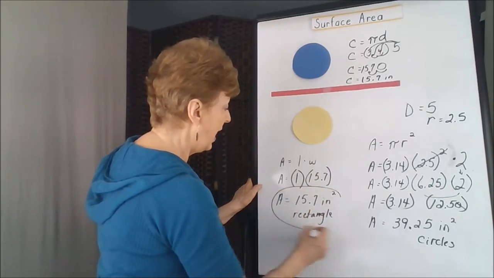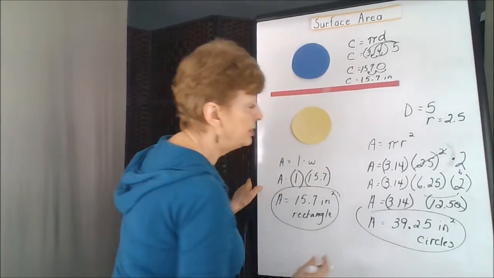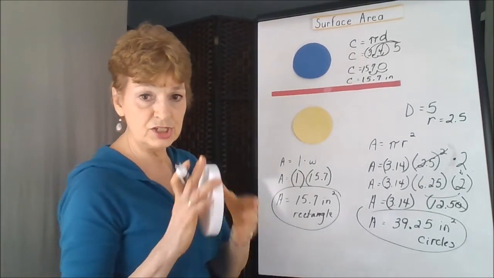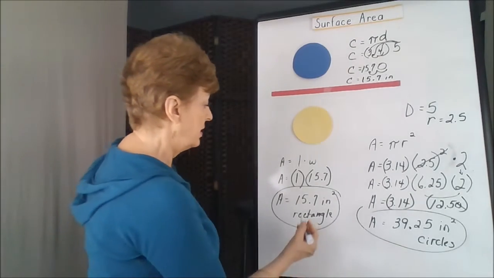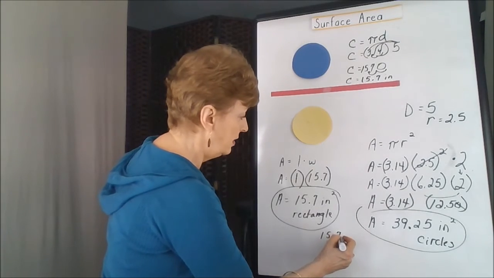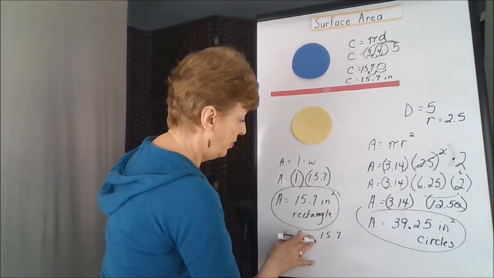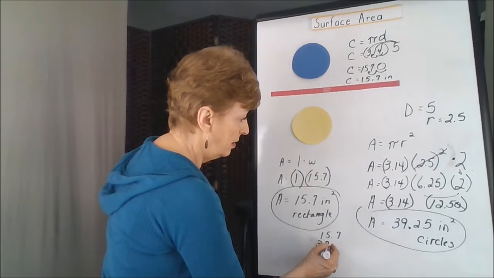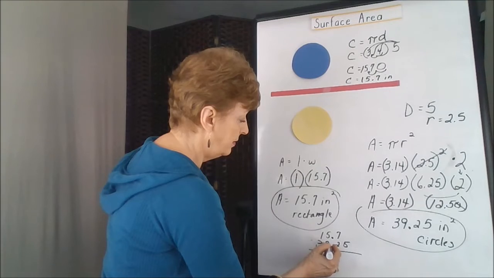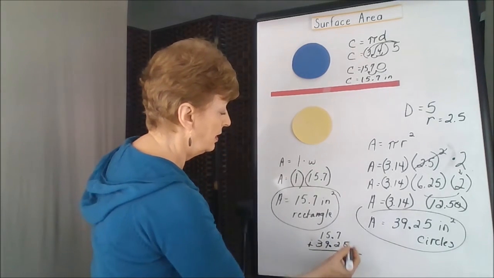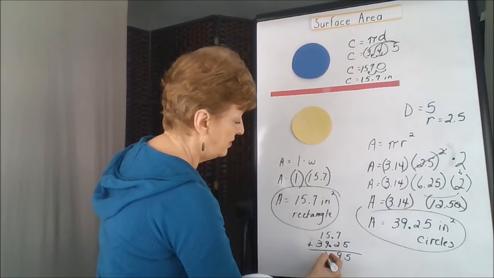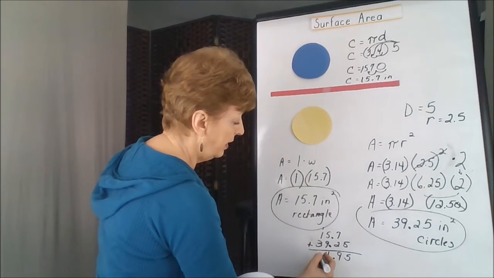Now I have to add these two together to find the total surface area of this shape. So we have 15.7 and 39.25. Line up your decimal points when you're adding and subtracting decimals. 5, 9, 9 and 5 is 14, carry 1, and we have 5.